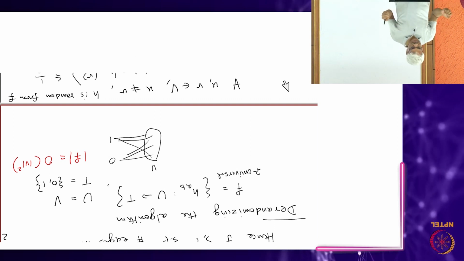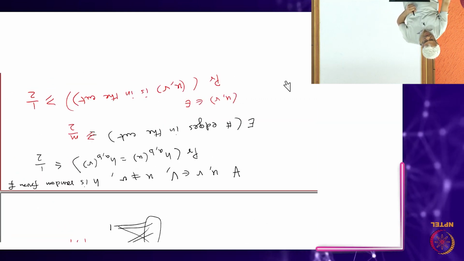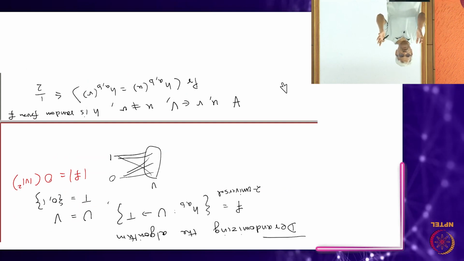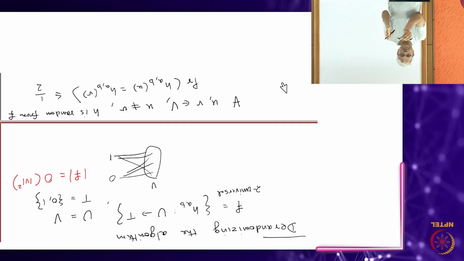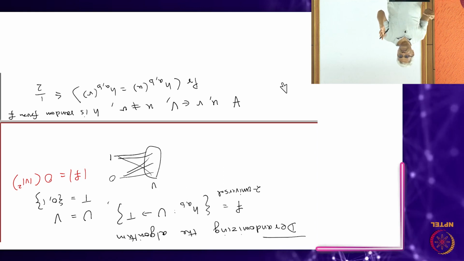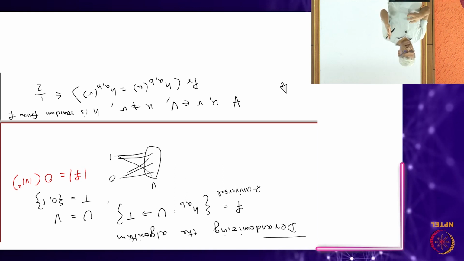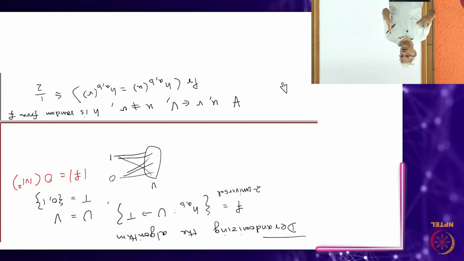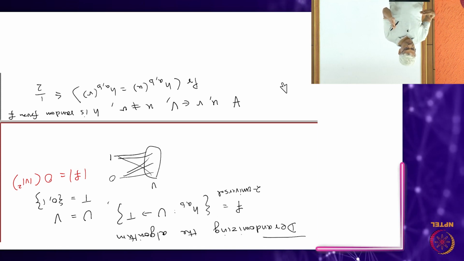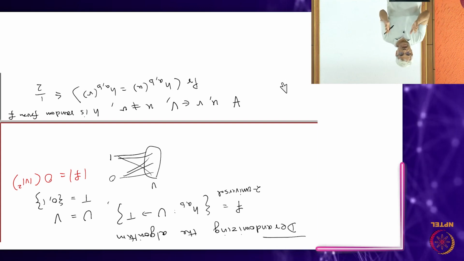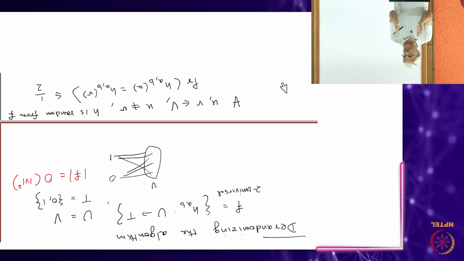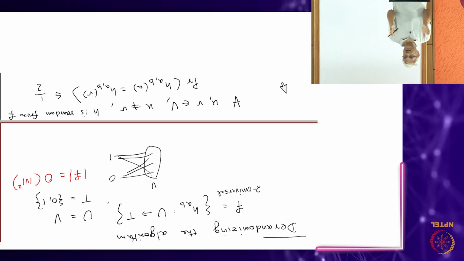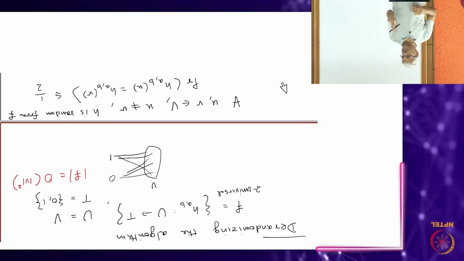So now let me see what you have shown: take this family of some n square functions, pick a random function from here, and give your 2-coloring, the partition, and the expected size of the cut is already as good as you want, at least m by 2. Expectation is now on this small-sized family, which means that there is some function in this family which will give you a cut of size at least m by 2.